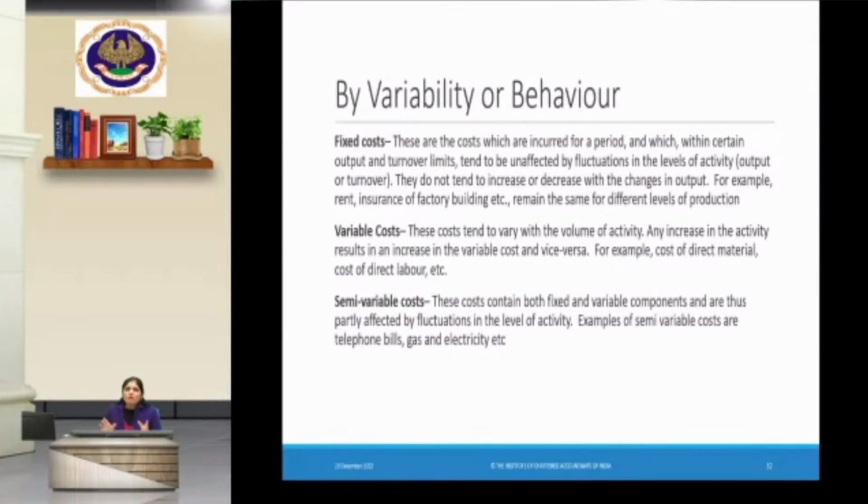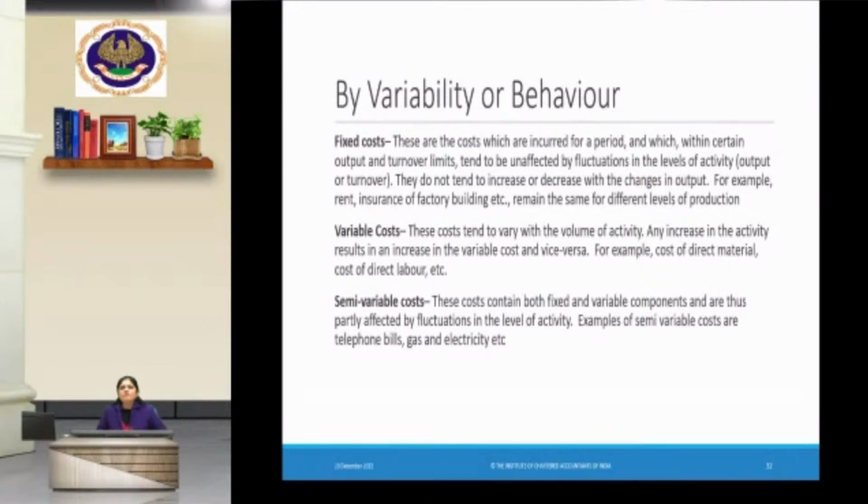But the rent of the factory you have to pay, irrespective you make this pen or not. Right? So fixed cost is irrespective of whether you are producing or not, you have to incur fixed cost. Variable cost will happen only if you are doing production.